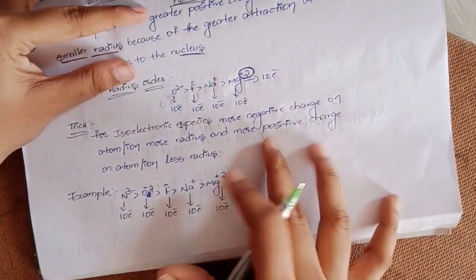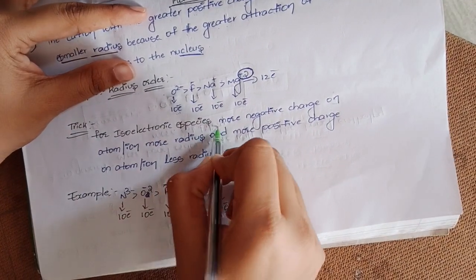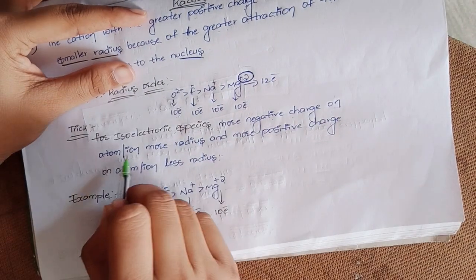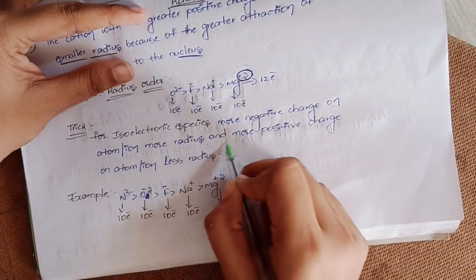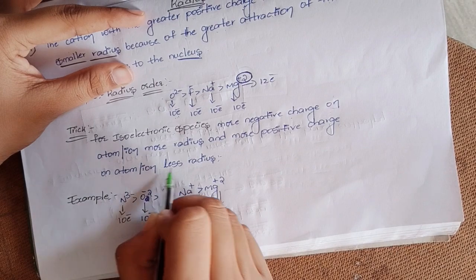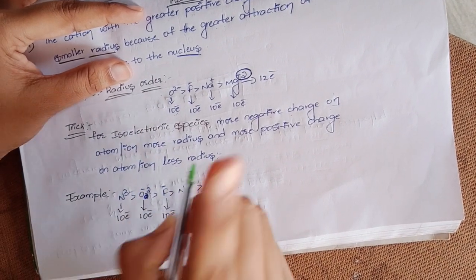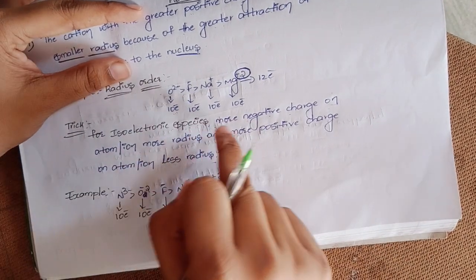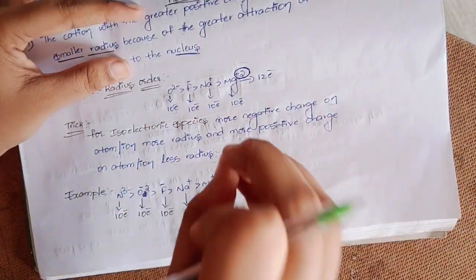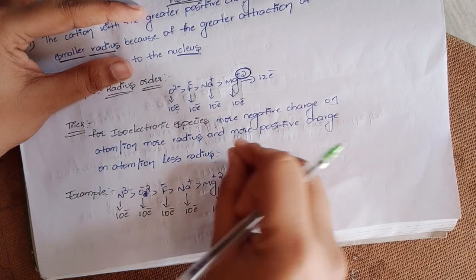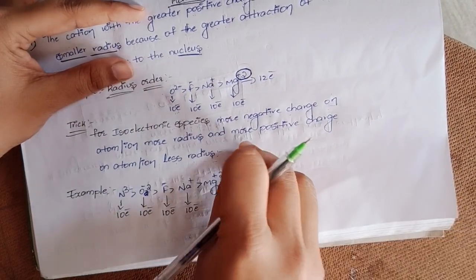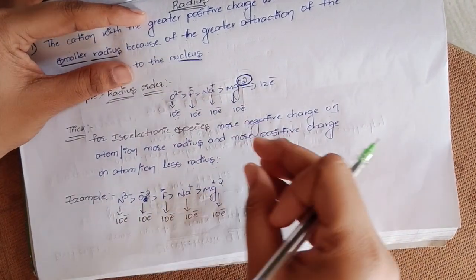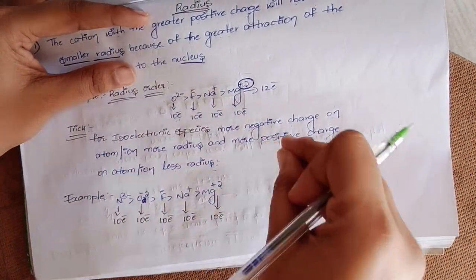So the trick is, for isoelectronic species, more negative charge on an atom or ion, more radius, and more positive charge on an atom or ion, less radius. Remember only one thing, either positive or negative. You remember negative charge. For isoelectronic species, the more negative charge on an atom or ion, the more the atomic radius, because with more negative charge, more electrons are added, the effective nuclear charge is less and the attraction is less.